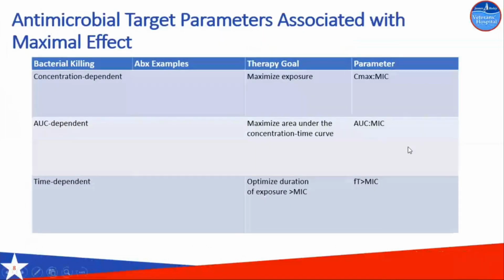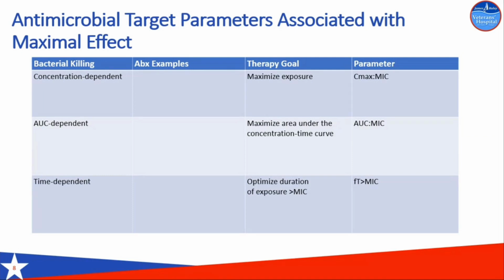All right, so usually I like to have this be interactive, which is a little bit difficult on this platform. So I did include some animations to try and get us involved as much as possible. We're looking at the antimicrobial target parameters on this slide.